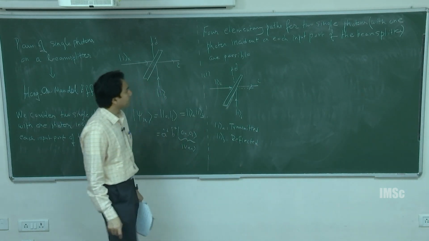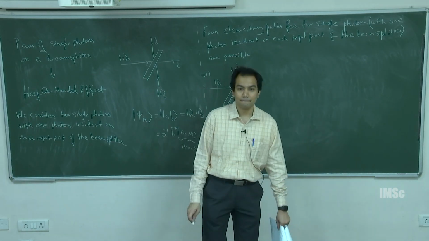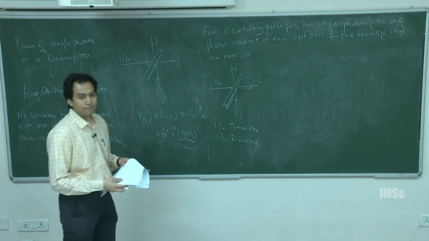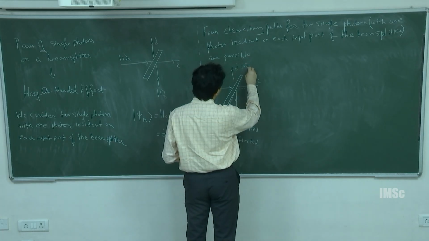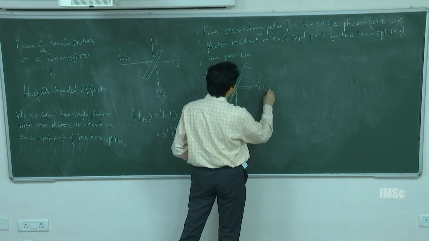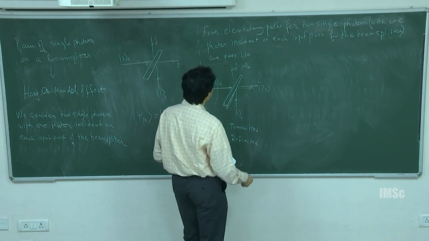So how many photons will exit through port D and how many through port C? Through port D 0, port C 2. Right, exactly. So nothing exits through port D and both the photons emerge through port C. So this is one possibility.